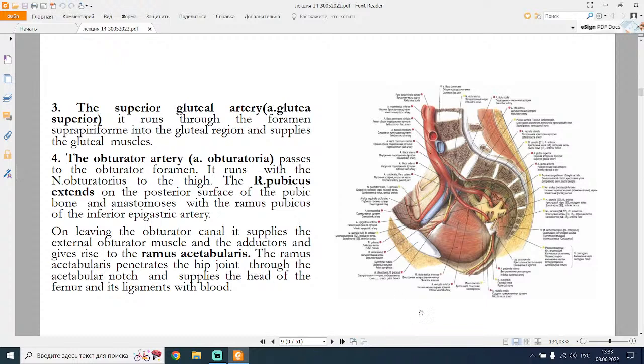On leaving the obturator canal, it supplies the external obturator muscle and the adductors and gives rise to the ramus acetabularis. The ramus acetabularis penetrates the hip joint through the acetabular notch and supplies the head of the femur and its ligament with blood.